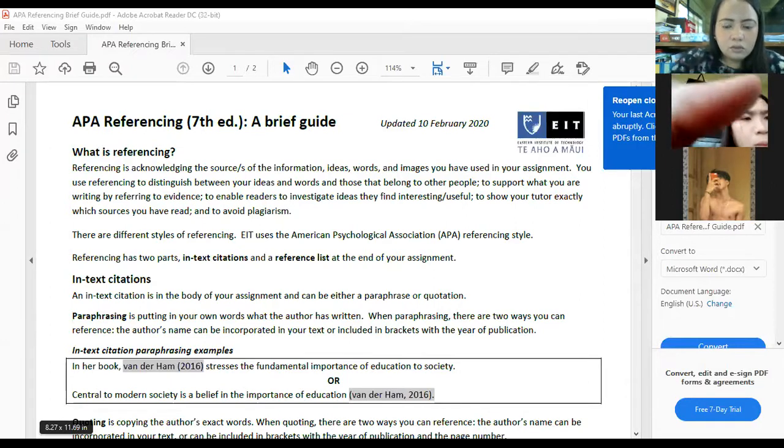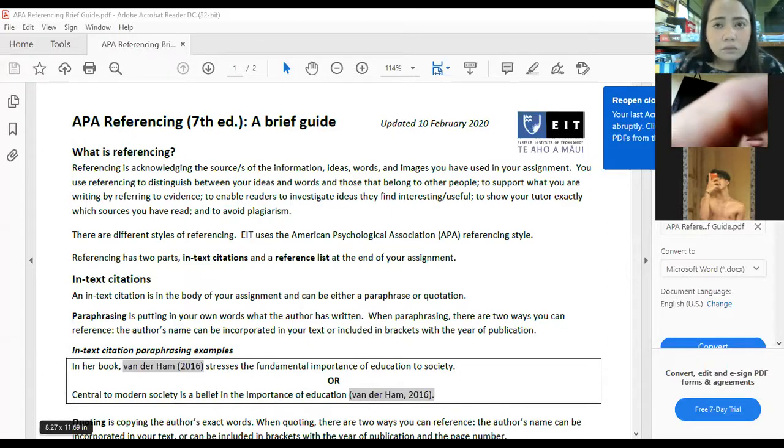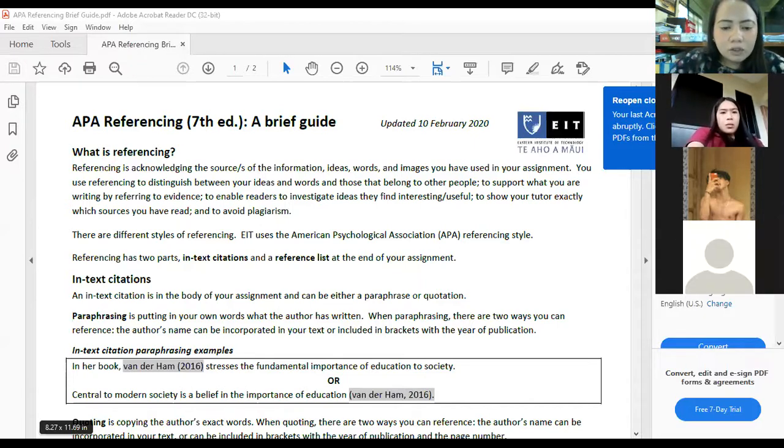Information of the author. So meaning, dito sa information of the author, guys, you are going to write data or information about, one, the name of the author.